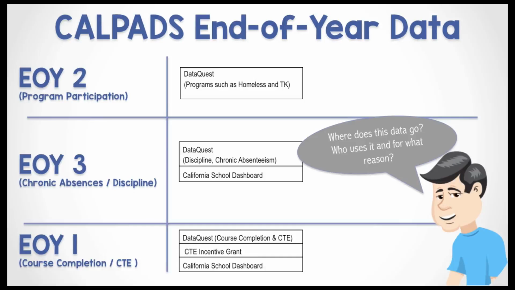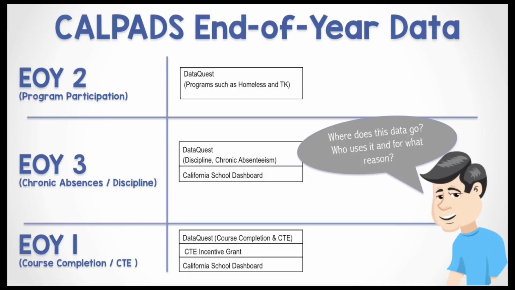For the state data, once the end of year information is in, the state of California puts it in 2 big places. One is called DataQuest, which is a website that the CDE operates that has a lot of this information in it. A second area is the new California School Dashboard, another web interface, but different than DataQuest.